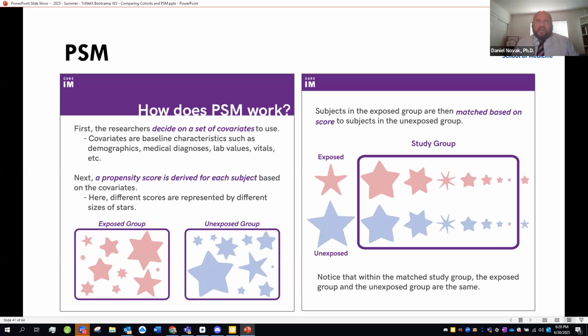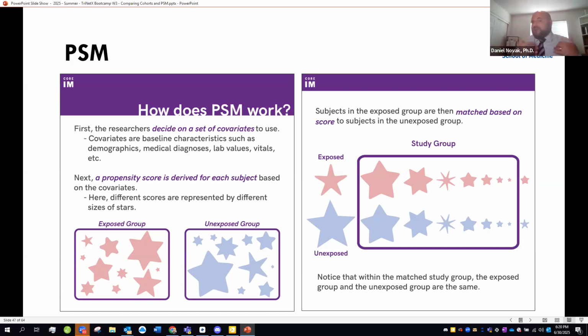So a person with a score of 0.8 likelihood of being in that group gets matched with somebody else with a likelihood of 0.8 for the other group, 0.7, 0.6, 0.5, 0.4, 0.3, all the way down until you get as many people in your smaller cohort matched to as many people in your larger cohort as you possibly can.